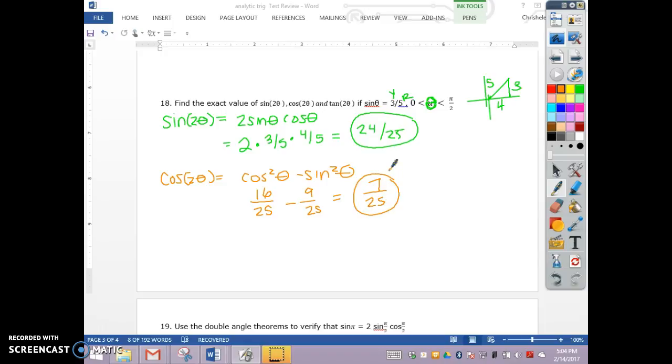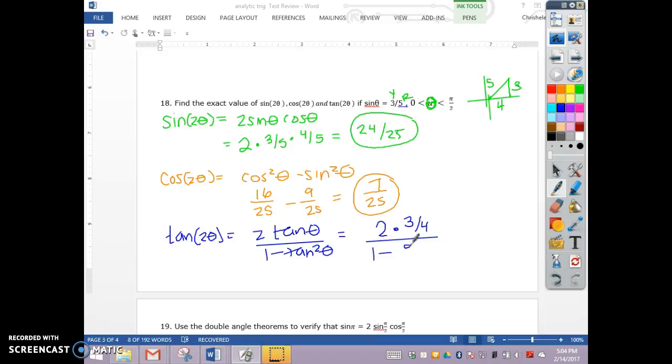Okay, and of course, tangent. No one likes tangent. Okay, so our formula for tangent is 2 tangent divided by 1 minus tangent squared. So 2 times tangent. Tangent is y over x. 1 minus tangent squared.